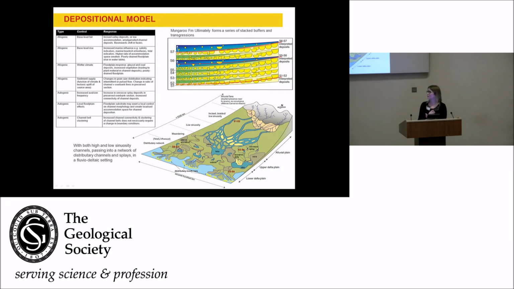I used Holbrook's buffers and buttresses model to describe the Mungaroo Formation as a series of stacked fluvial buffer zones controlled by an overall base level rise, but punctuated by brief relative base level falls. And the deposits of the Mungaroo Formation broadly fit within an evolving fluvially dominated delta system.